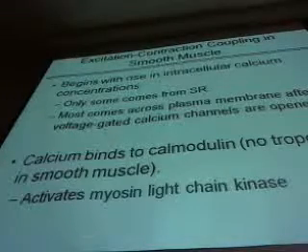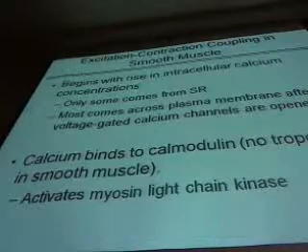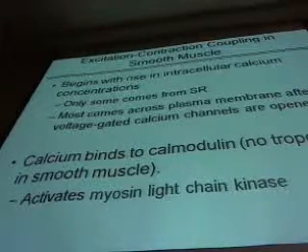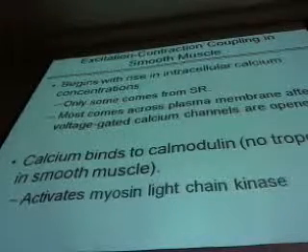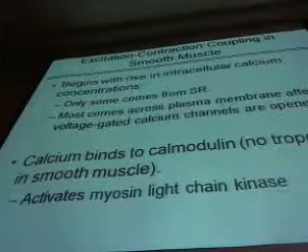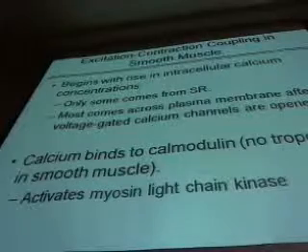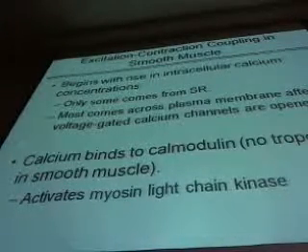In your skeletal muscles, the calcium comes in, binds the troponin, moves it out of the way, ATP combines, and you get your power stroke. Smooth muscle doesn't have any troponin. So the calcium comes in and binds to something called calmodulin. It's essentially the same thing in the smooth muscles.